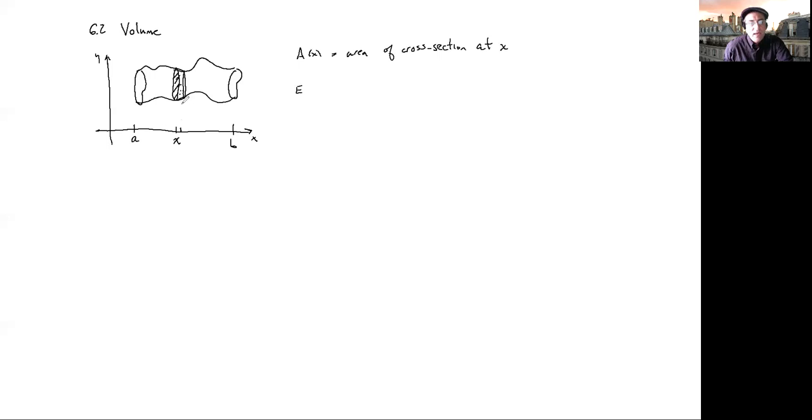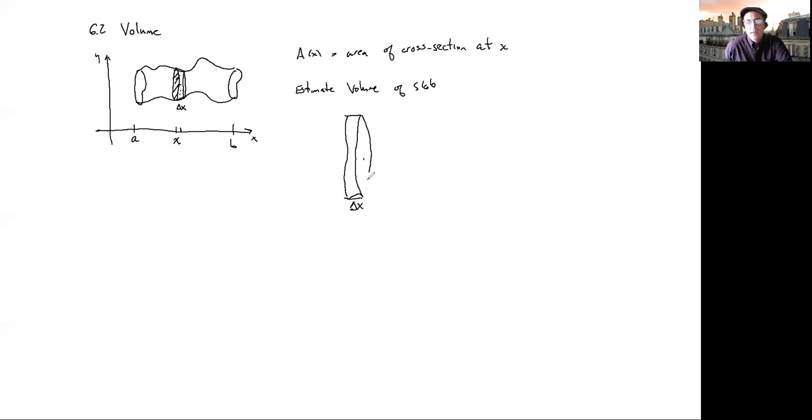So the slab will have width delta x, let's say. Okay, so I'm going to draw a bigger picture of the slab. Now, the slab is not a perfect cylinder, but it's approximately a cylinder, so long as delta x, the width, is very small.